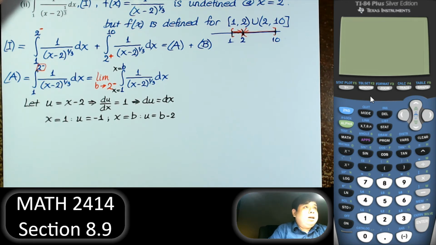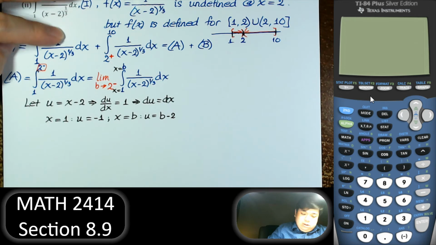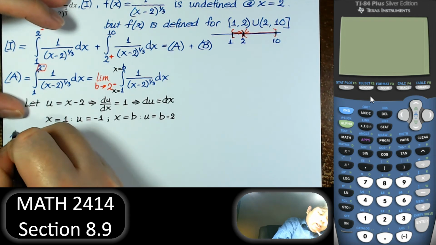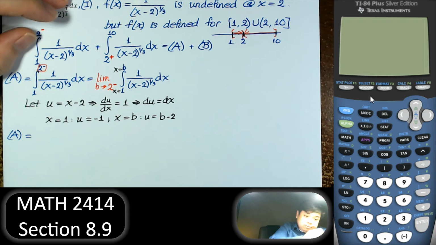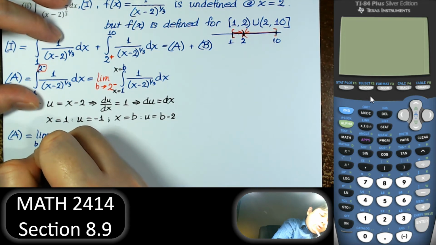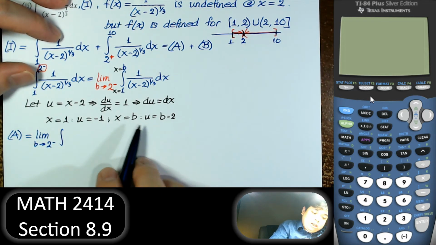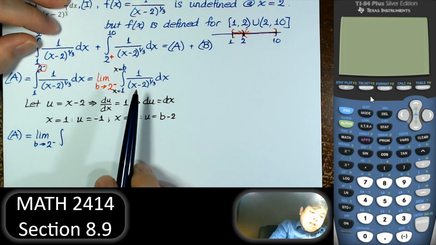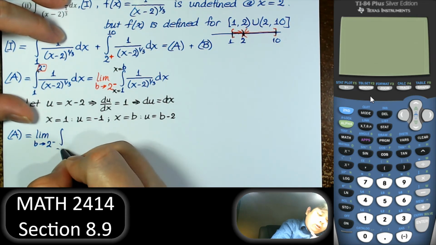Right, and then we substitute in the integral. So the integral A equals the limit as b goes to 2 from the negative side. The limit now changes, instead of 1 to b, it is negative 1 to b minus 2.